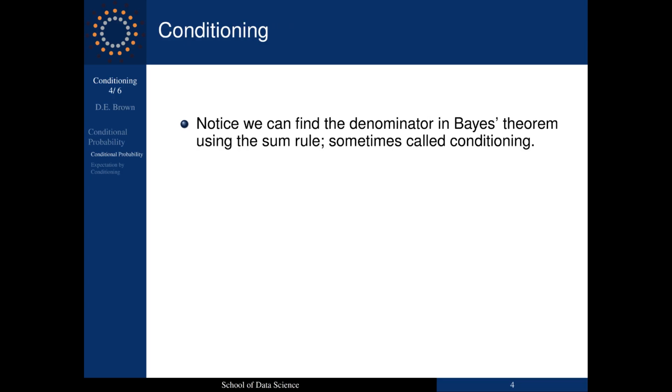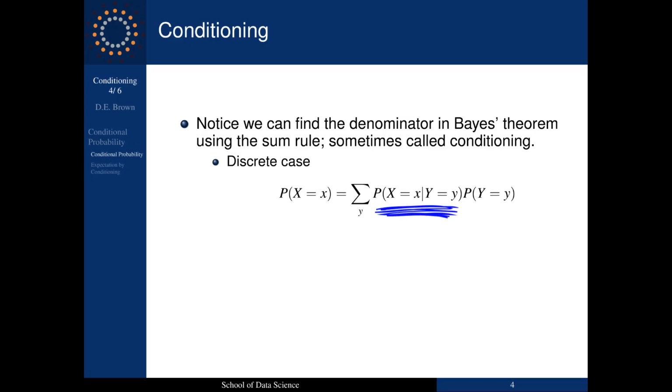Notice that we can find the denominator in Bayes' theorem using the sum rule, and we will now call this conditioning because it's really conditioning on the values that we've either seen or we're assuming that we know. So for example, in the case of finding the data set X, we could consider that by first assuming that we know the values for Y. Then we use the sum rule.